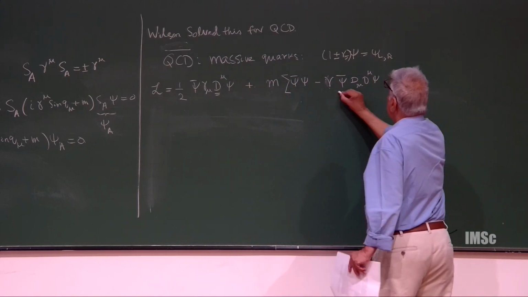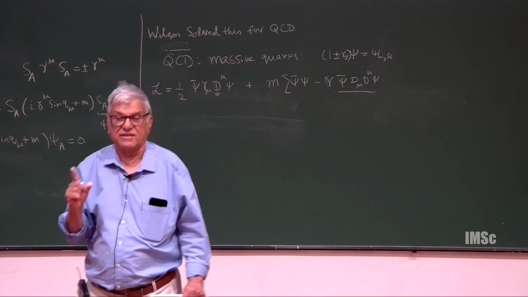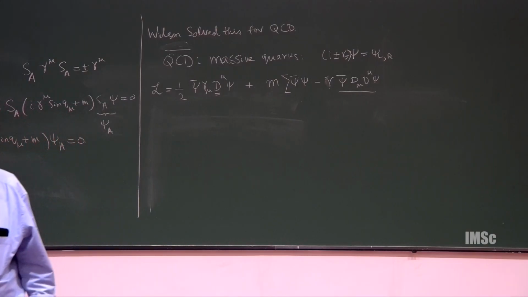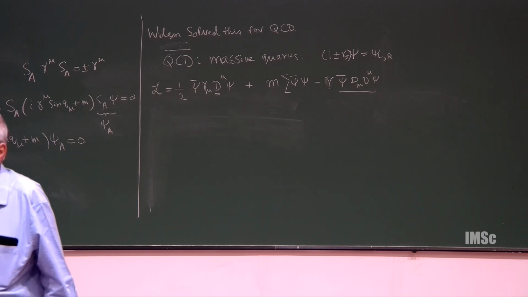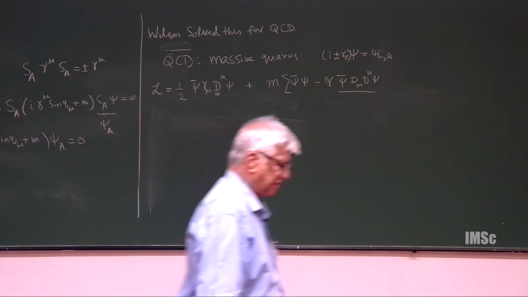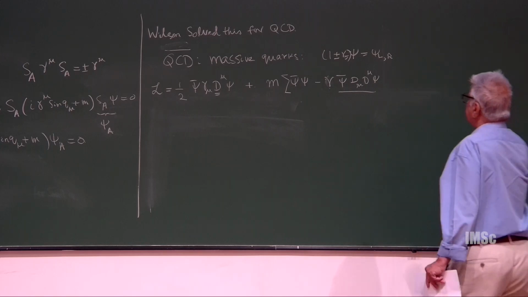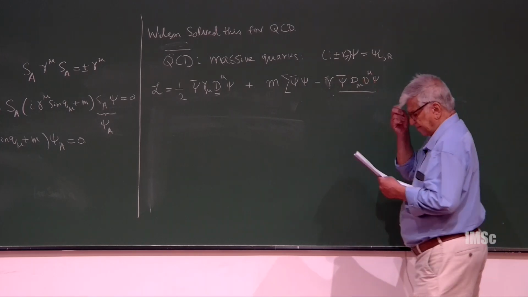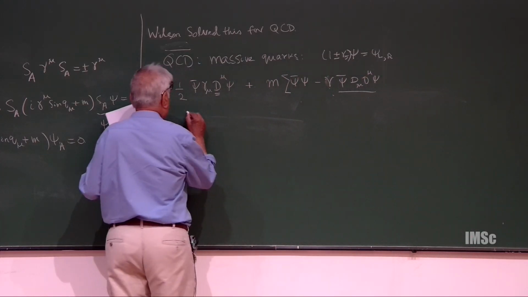Note that this looks like what you would add to a bosonic theory, because the Klein-Gordon action has that form, φ D_μ D_μ φ. But now we are dealing with fermions, and for the moment let's forget about all the scholarly discussion about the spin statistics theorem and just add such a term. r is some parameter. Now what does this do? Very simple to work out.